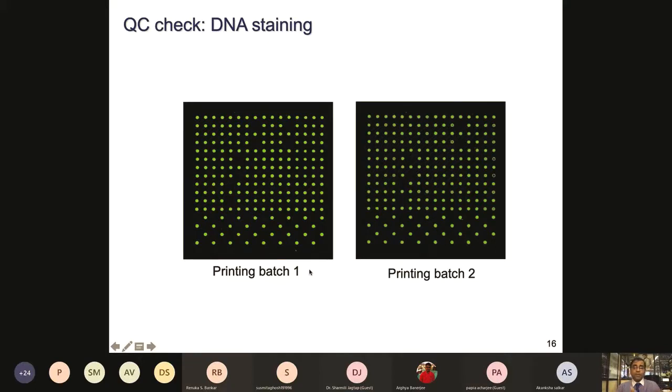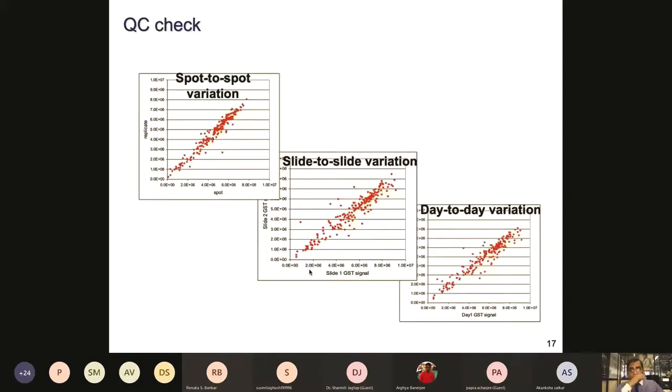So you print one batch this month and another batch of slides two months later. You have to keep comparing those batches as well. So there is spot-to-spot variability, for instance the duplicate spots I showed you; slide-to-slide variability, like when you are printing 90 slides in a batch, the first slide and the 90th slide, what is the variability; and day-to-day variability, when you do the same experiment today or after a week, how close they are or not.